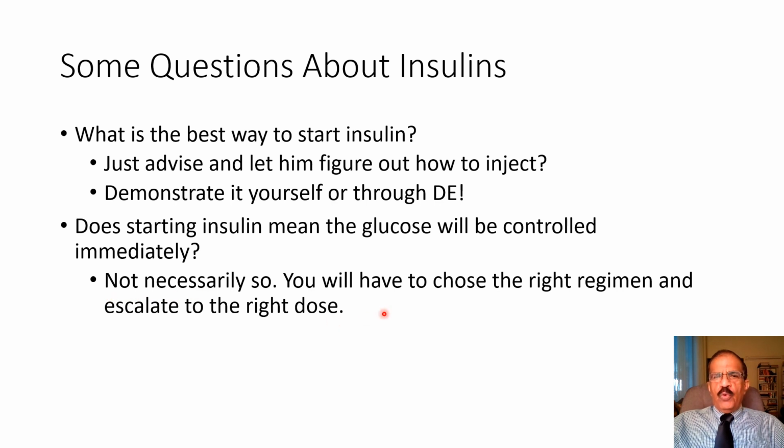You will have to choose the right regimen because every patient has unique needs, and you have to escalate to the right dose. This has to be explained to the patient. You need to tell him that this is a new medication, and just like we started with oral agents and then increased the dosage, similarly we will have to up-titrate the dosage of insulin till we get to the goal.